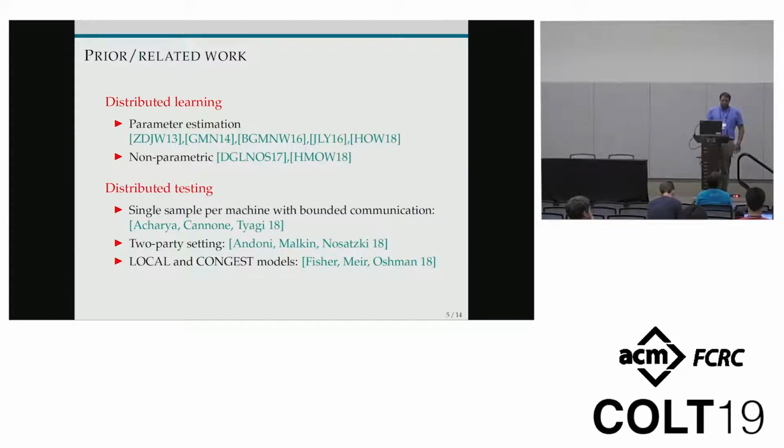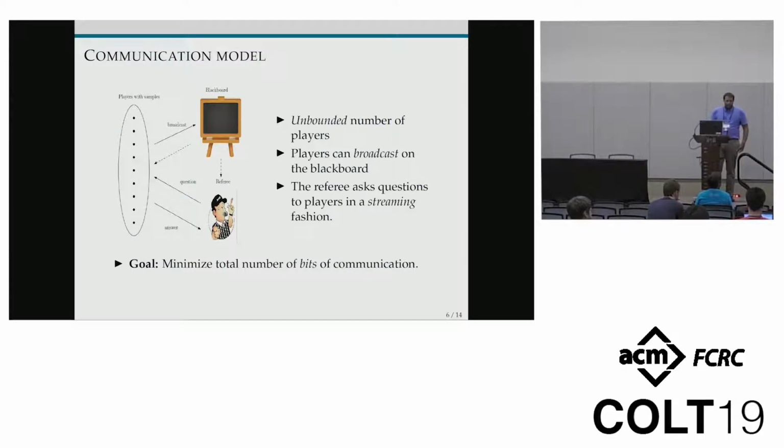That's why more recently people are interested in performing these learning and testing tasks in a distributed way in various settings. There are some examples of these works, but I would like to move on to the specific communication model that I'm going to use in this talk.